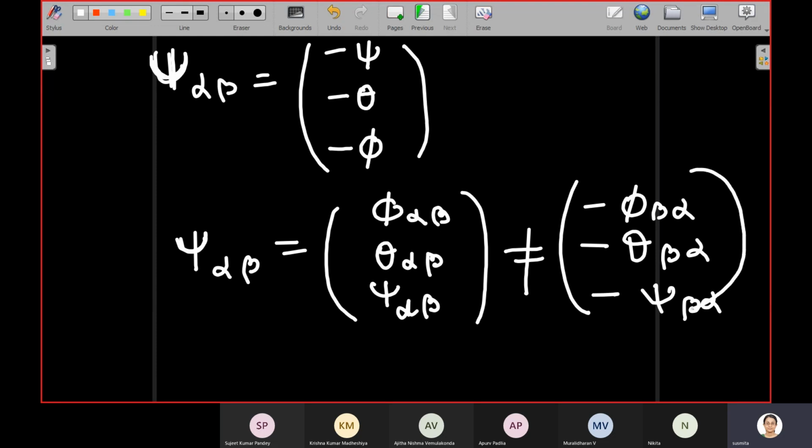Okay, the order of rotation is important. It's not that simply if you change the order you will get the original frame. That's not the case. You need to either reverse the order and keep the same angle magnitude, or you need to find a different 3-2-1 sequence to go back to the beta frame.